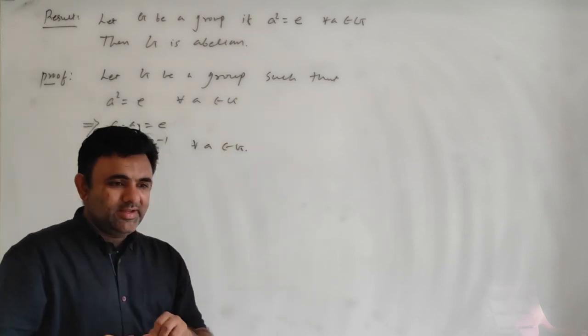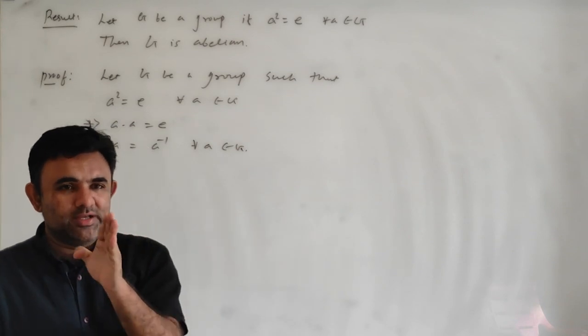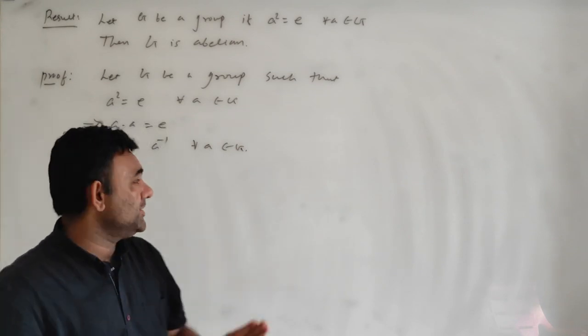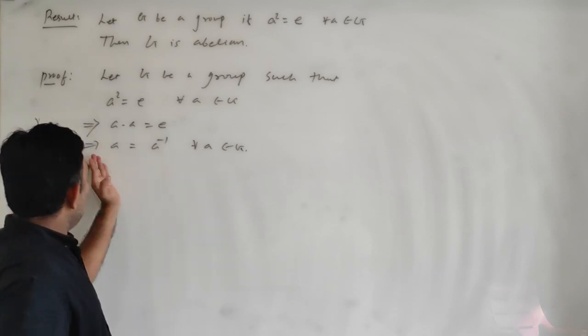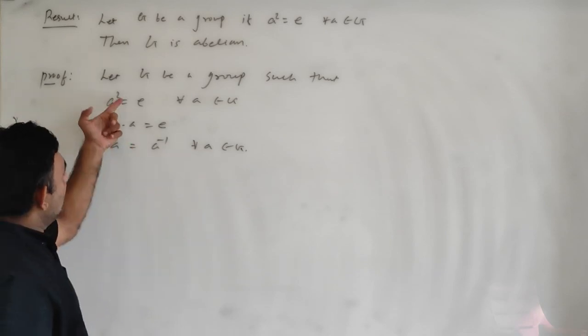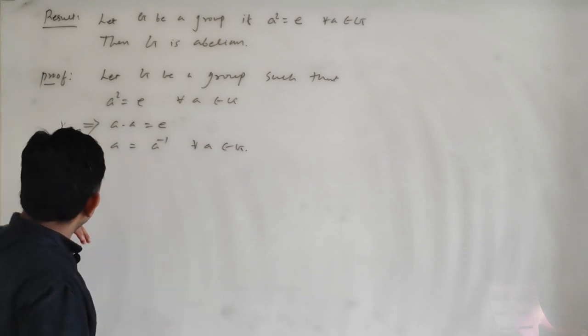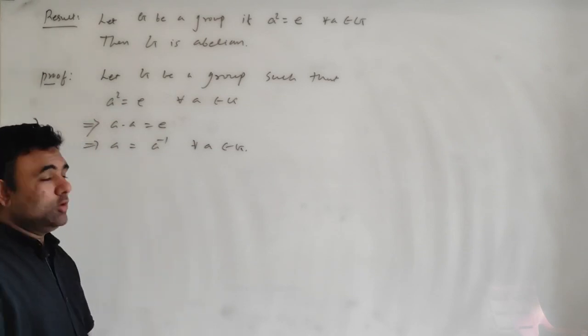It means a square is identity, which means the inverse of that element is itself. Element and its inverse will be the same. And if you have a and a inverse equal, then also you have a square equal to identity, so you can go in the back direction also.